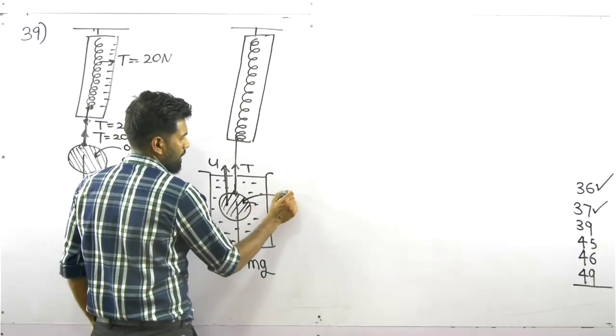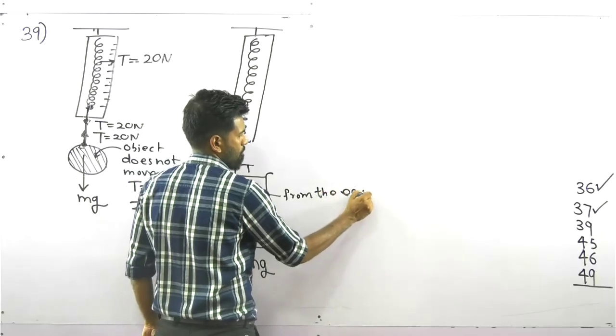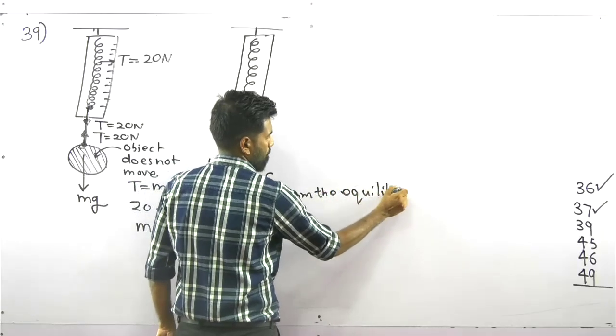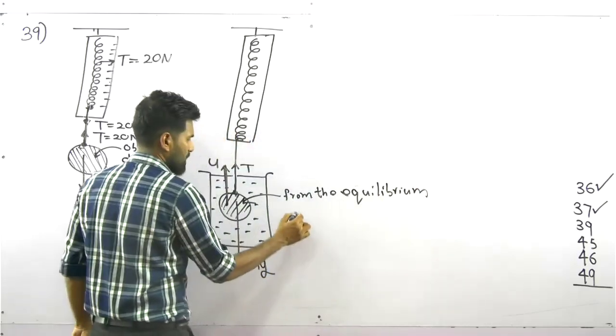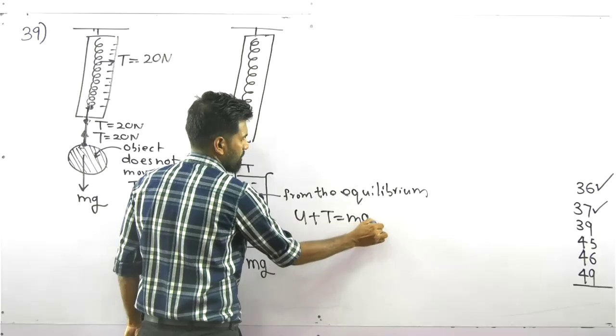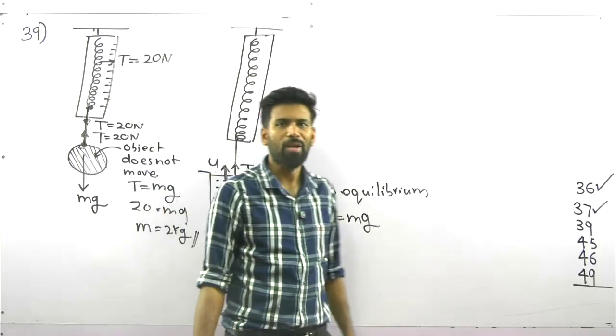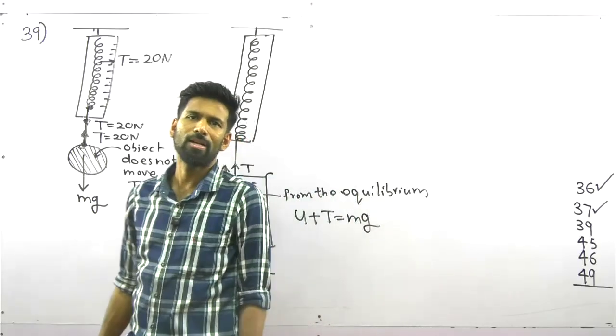So from the equilibrium, upthrust force plus tension is equal to mg. From that method you can calculate the tension.